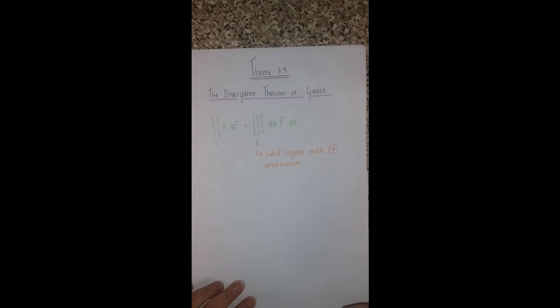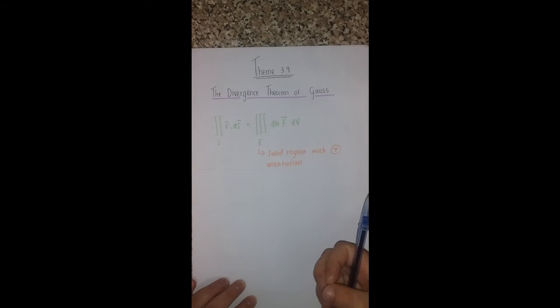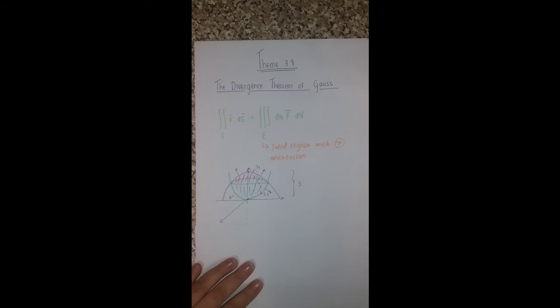It needs to be a whole solid region, so it needs to be an enclosed region, and it needs to have a positive orientation. And then you can use divergence theorem, which can make your life a lot easier. So I'll explain it with the following.